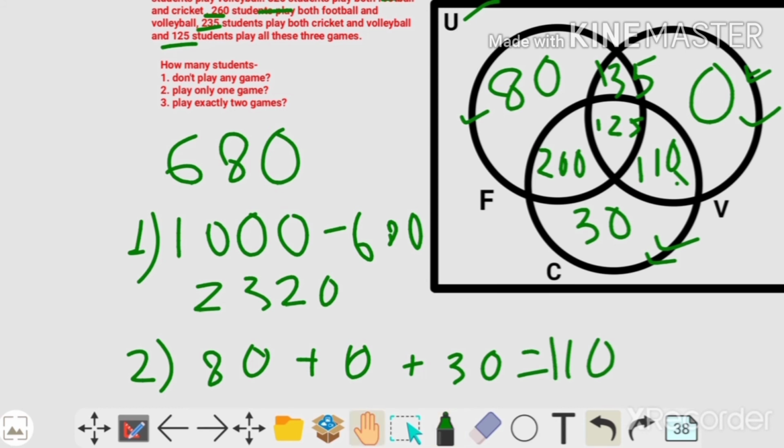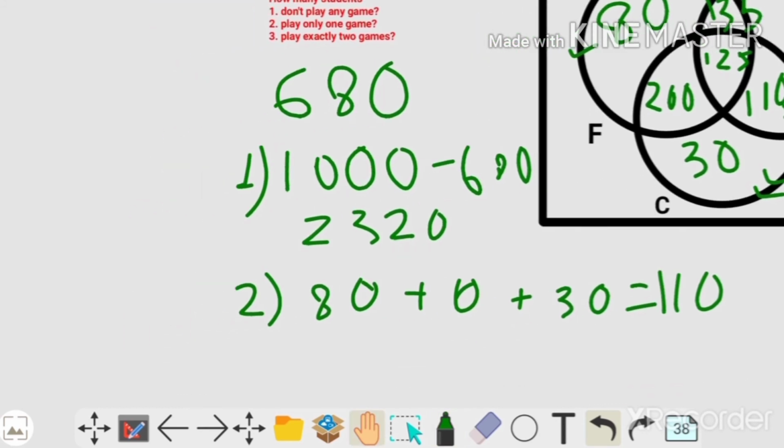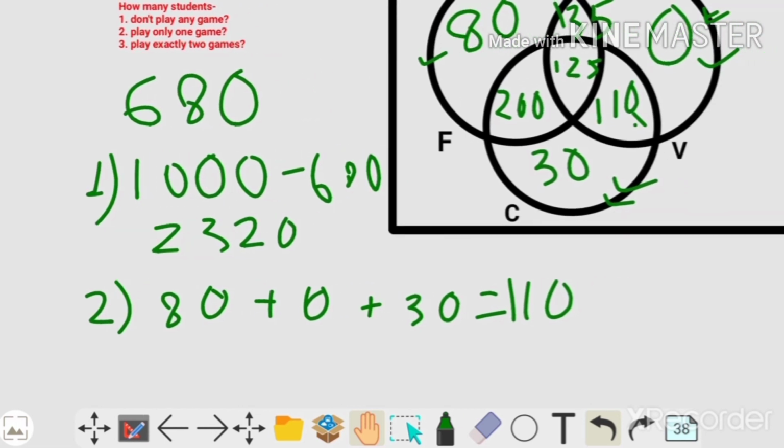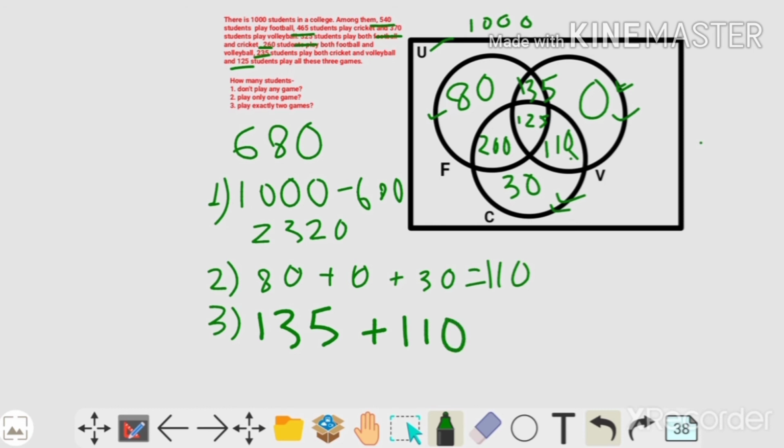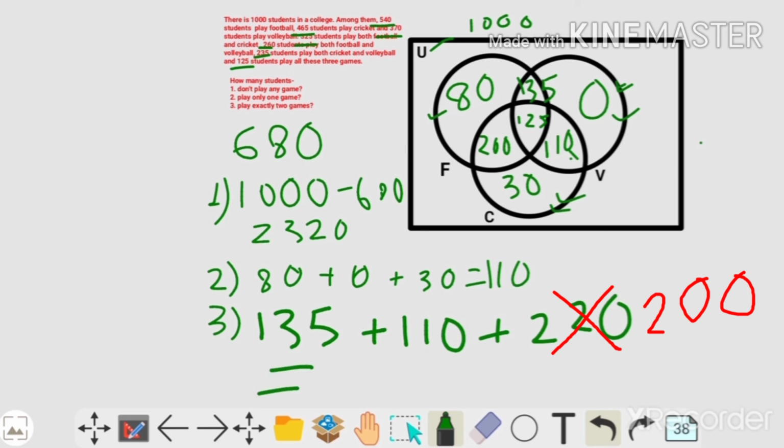Now the third question is play exactly two games. We'll consider these common regions: 135 students, 110 students and 200 students. So the total is 445. These are the three required answers.